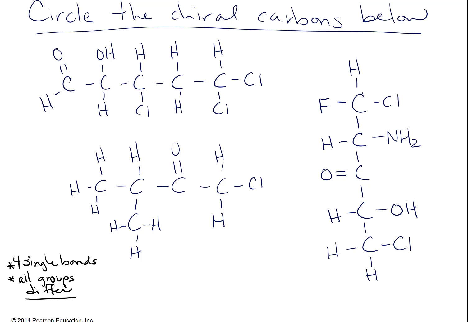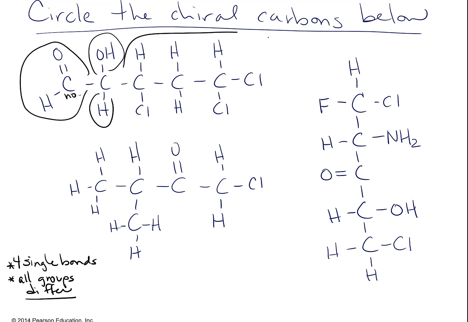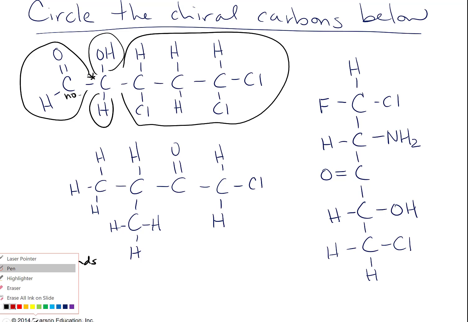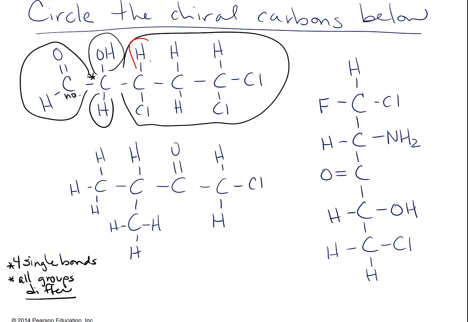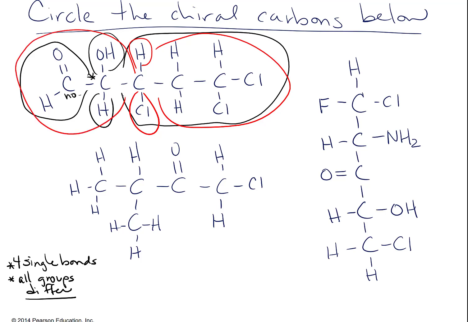So going across, the first one you cross off because it's got a double bond. This next one: if I went here, here, here, and here, yes. Can you see that all 4 of those groups are different? So yes. Next one, I'll change colors so you can see them: this group, this group, this group, and this group over here. Yes, this would be chiral.